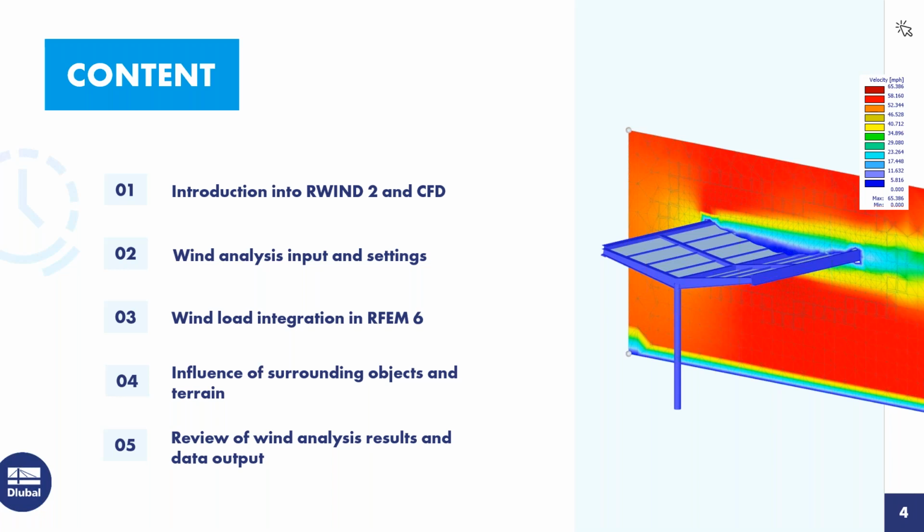We'll take a look, after we run the wind analysis, at how those wind loads can be integrated back into RFEM for the structural analysis. We also want to consider the influence of surrounding objects as well as the terrain. And finally, we'll spend a significant portion at the end of the presentation reviewing the wind analysis results and data output directly within RWIND.